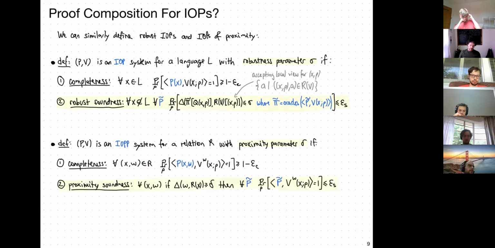And on the other hand, if we get an assignment which is delta far, then we will reject it. So we know exactly the same type of statement. And I want to ask you a question: can you think of any IOP of proximity which we've already seen in this course?